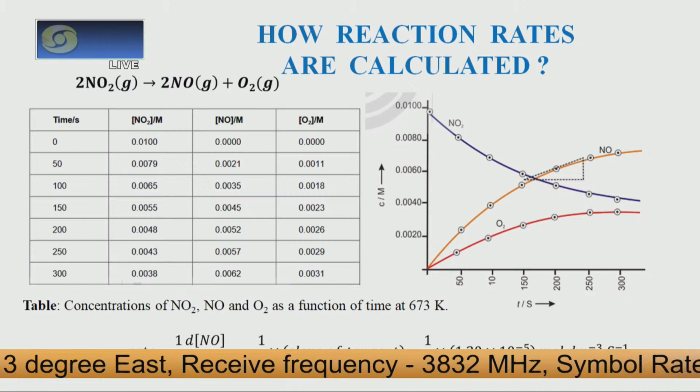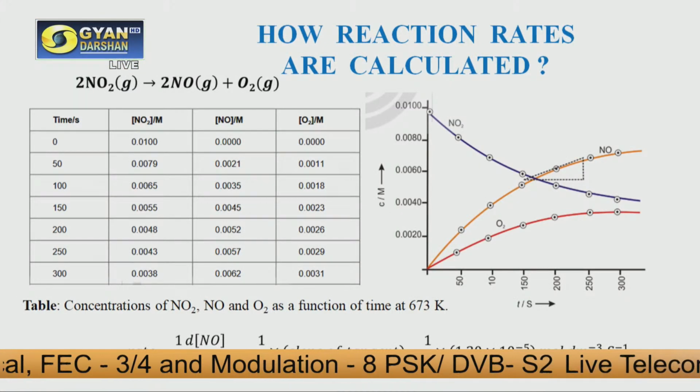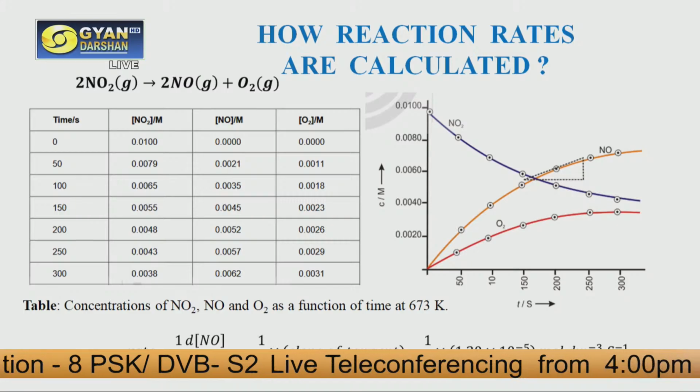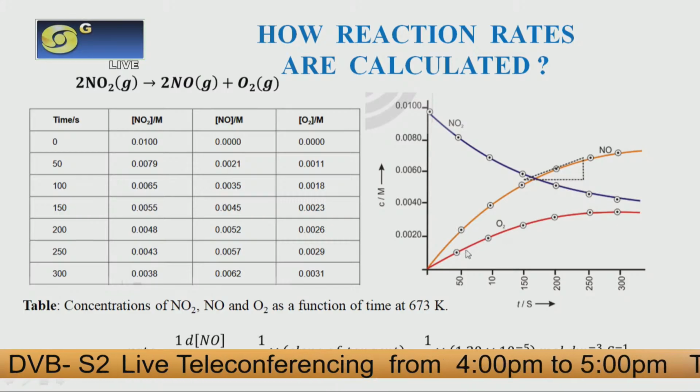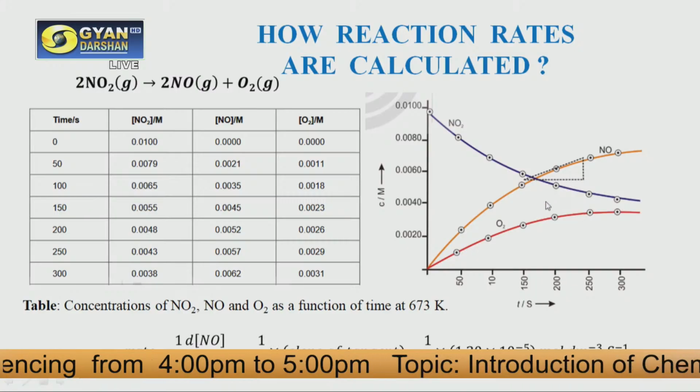Suppose we want to calculate the rate in terms of oxygen, then the stoichiometric constant is 1, so 1 into d of concentration of oxygen at the particular time, into the slope of the tangent. The red plot is denoted for the concentration of oxygen.